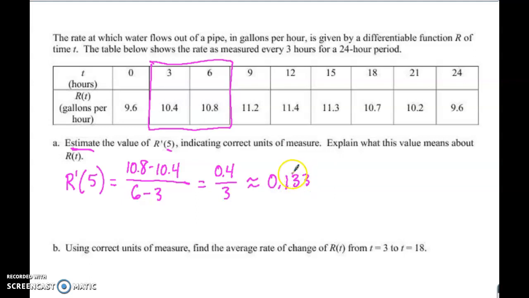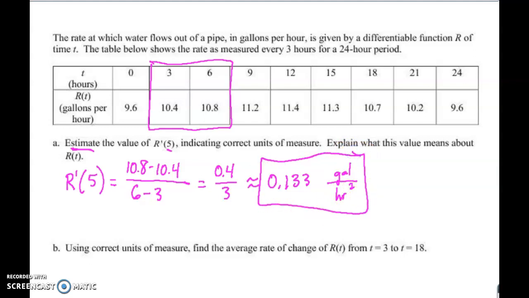If you want to write repeating over that, that's fine. Now notice that we found the r prime, so that's the derivative of this rate. So I need to do gallons per hour, which is the rate of that, per hour. Gallons per hour, or I like to write gallons per hour squared.